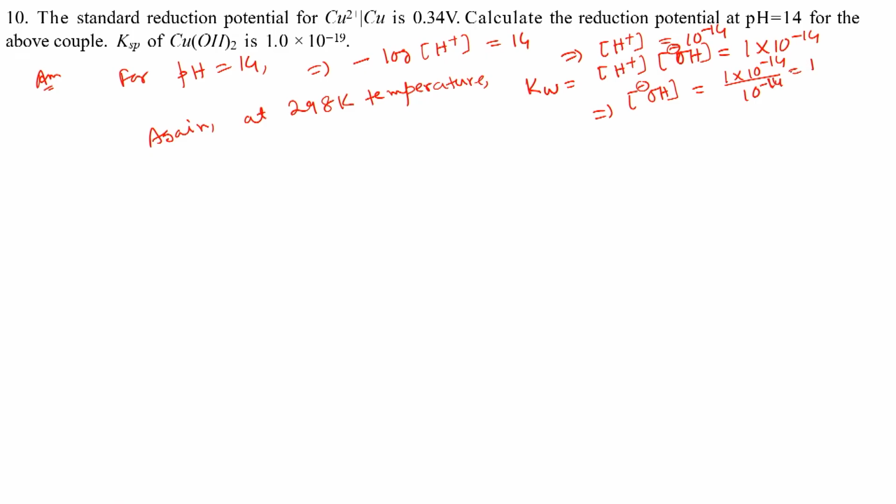So the concentration of OH- is 1 here. Why do we need to calculate the concentration of OH-? Because we need to calculate the concentration of Cu2+ from the Ksp of Cu(OH)2. Since the concentration of OH- is 1, from the Ksp of Cu(OH)2 we can calculate the concentration of Cu2+.